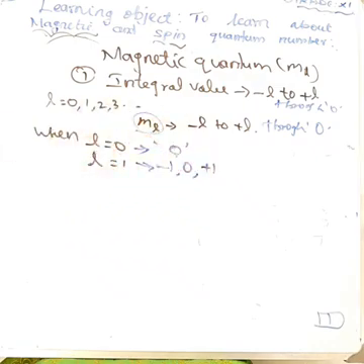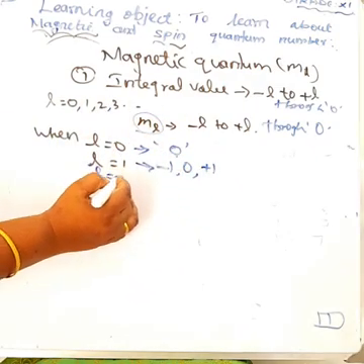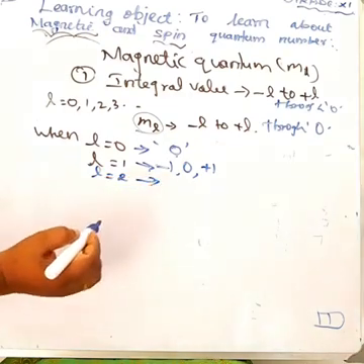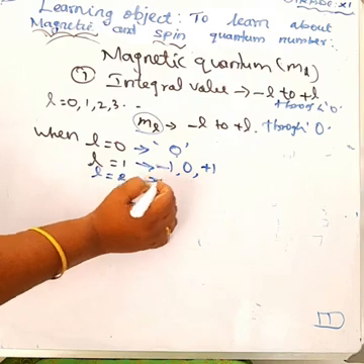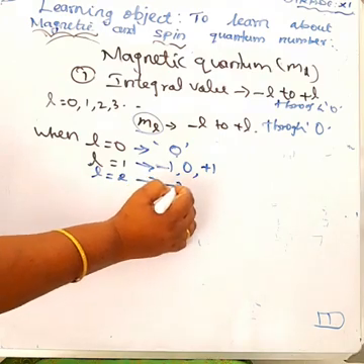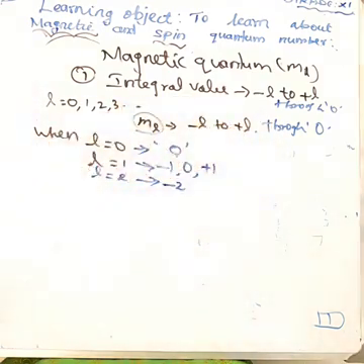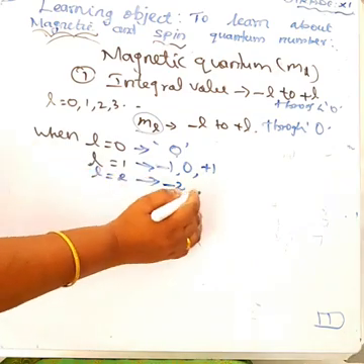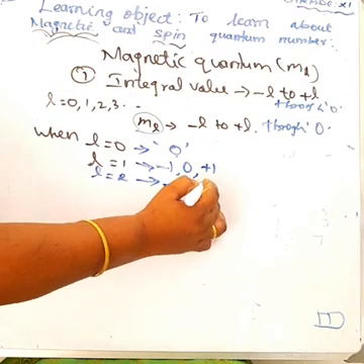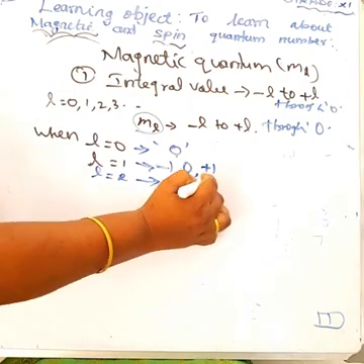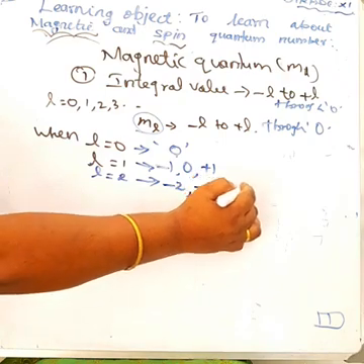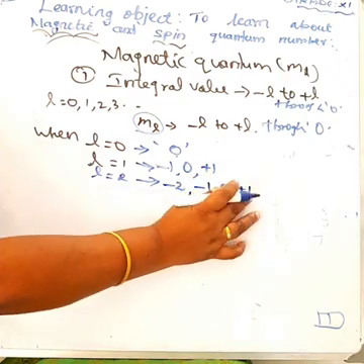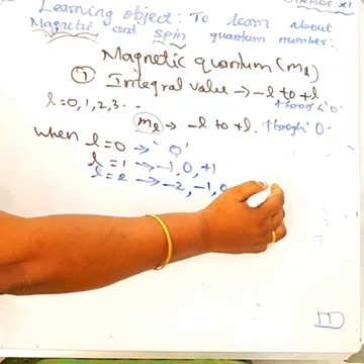Understood? When L is equal to 2, what are the integral values of the magnetic quantum number? It ranges from minus L to plus L through 0, so minus 2, minus 1, 0, plus 1 and plus 2. Understood?